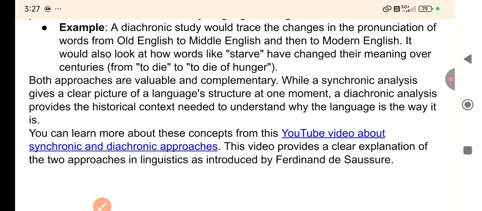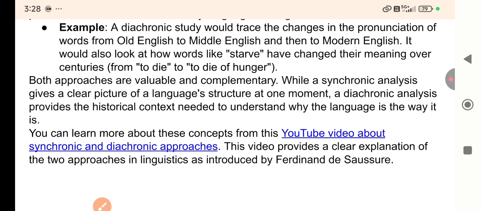This idea was given by the Swiss linguist Ferdinand de Saussure. He gave two approaches: synchronic, also called descriptive linguistics, and diachronic, also called historical linguistics.